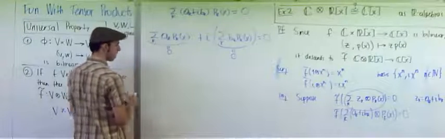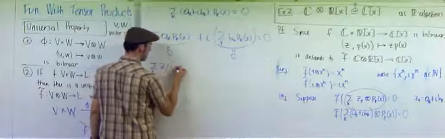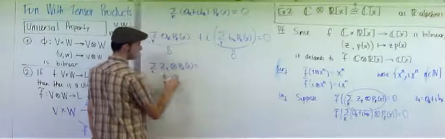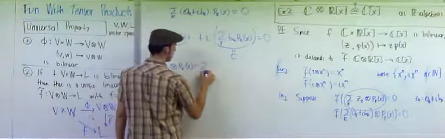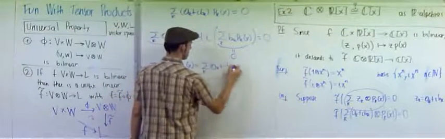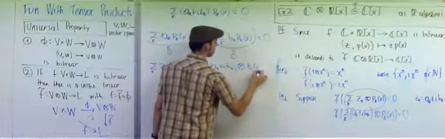Okay. So what is the sum over k of zk tensor pk of x? Well, let me again do what I did here. This is ak plus ibk tensor pk of x.